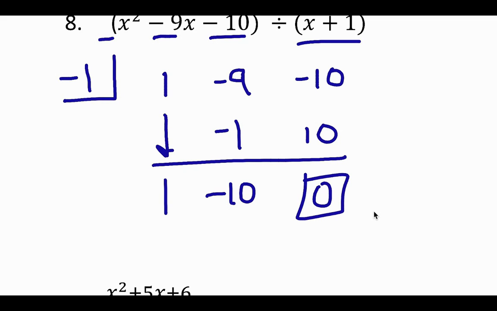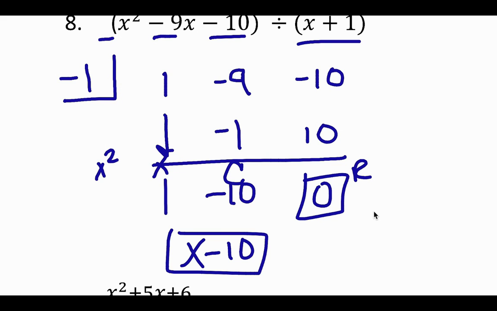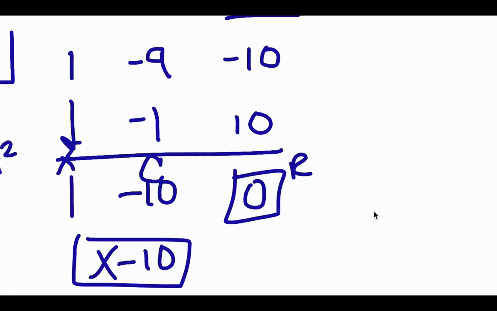I always put a box around this last number. That is always your remainder. Then you work backwards. You have your constant, your x, and if we had more, we'd go x squared, x cubed, x to the fourth. So this just comes out to x minus 10. So nice and easy. But it's just a new algorithm to get used to, so it's really whichever one you're more comfortable with in the end.